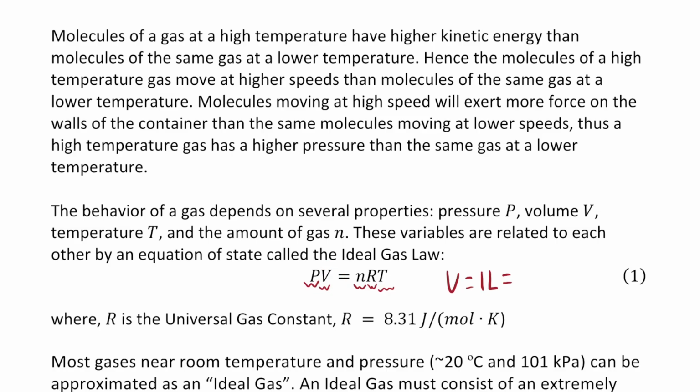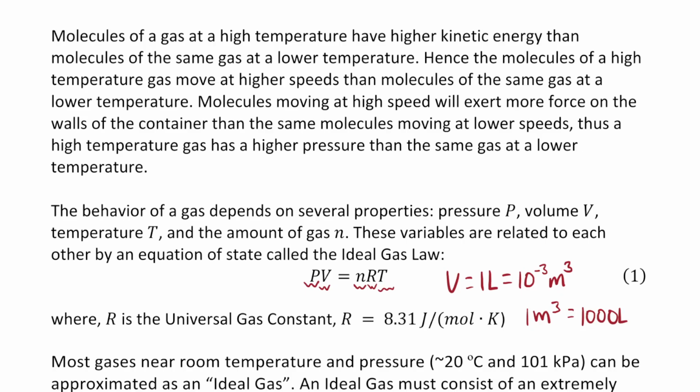You have to convert it to 10 to the negative 3 meters cubed. Just make sure you are conscious of that. What this also means is that 1 meter cubed is 1,000 liters.